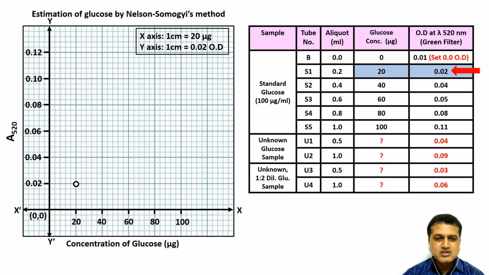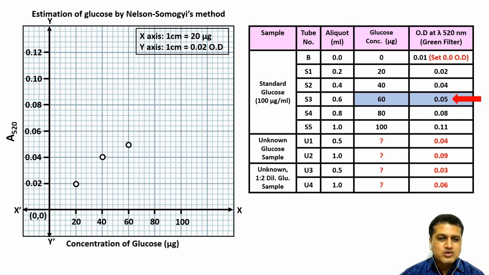Now plot the first point where concentration and OD of S1 intersect. Similarly, plot second point where concentration and OD of S2 intersect.